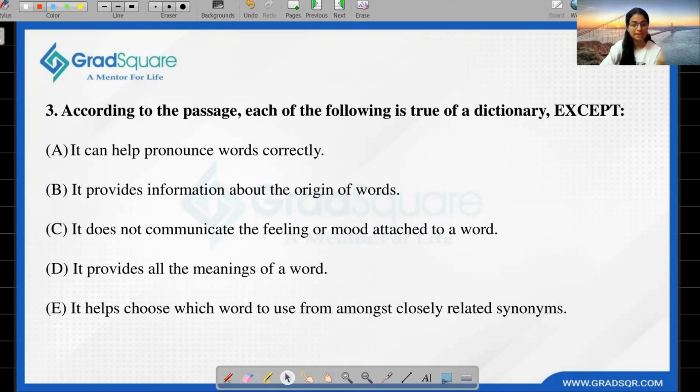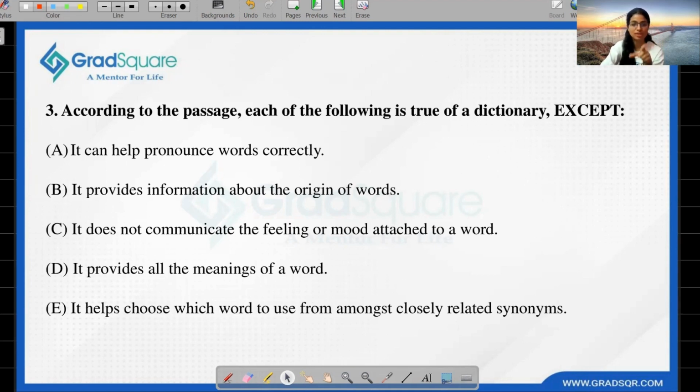Moving on to option C: it does not communicate feelings or mood attached to a word. Yes, it's already been discussed in the passage. Next: it provides all the meanings of a word. This is the main purpose of the dictionary. So we can eliminate this option choice as well.